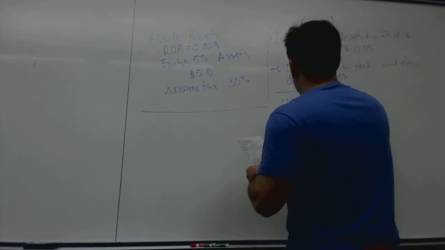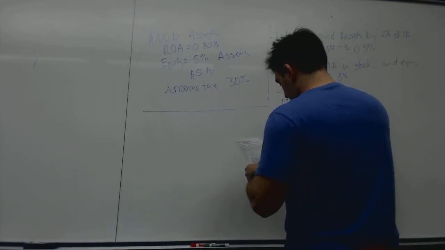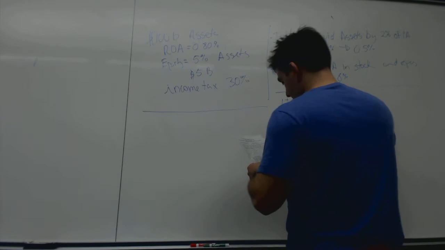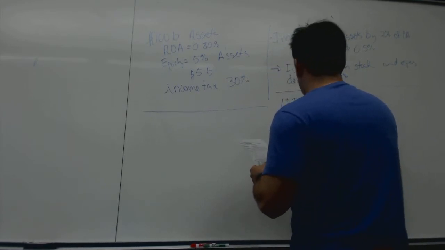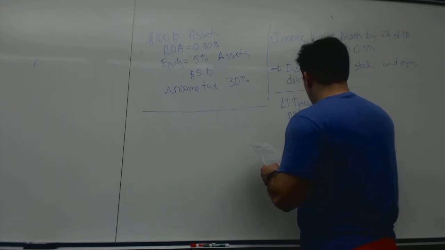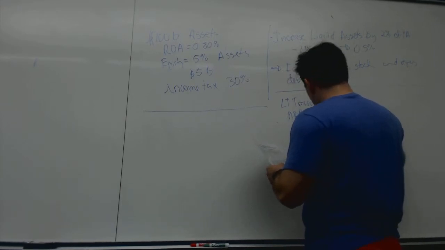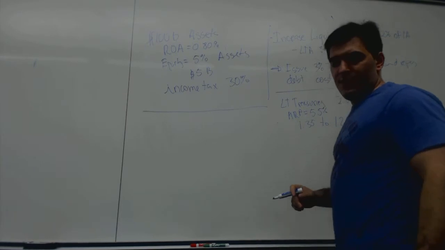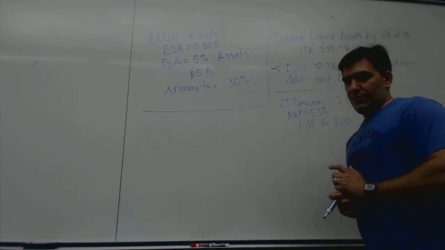Market risk premium is going to be equal to 5.5. And we think with these changes, beta will decline from 1.35 to 1.20. So first, let's do the easy part.